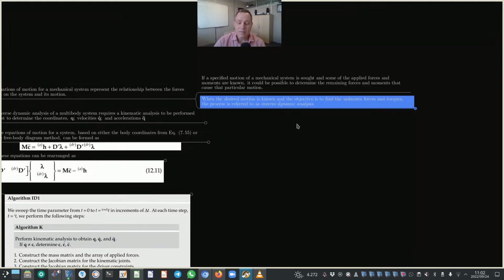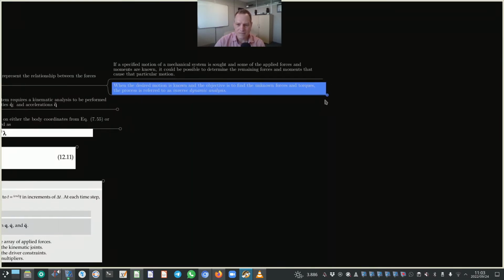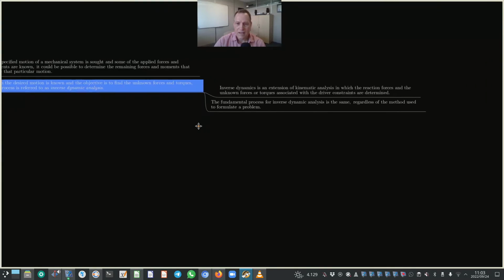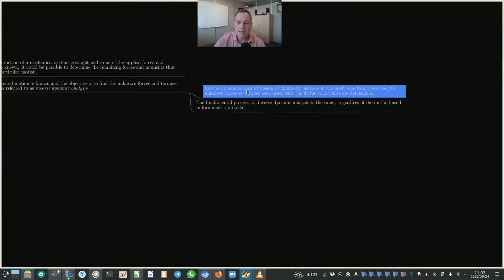When the desired motion is known and the objective is to find the unknown forces and torques, the process is referred to as inverse dynamic analysis. Inverse dynamics is an extension of kinematic analysis in which the reaction forces and the unknown forces and torques associated with the driver constraints are determined.